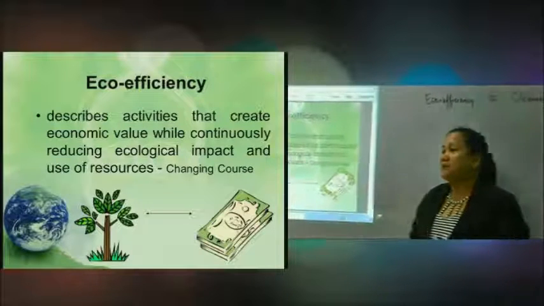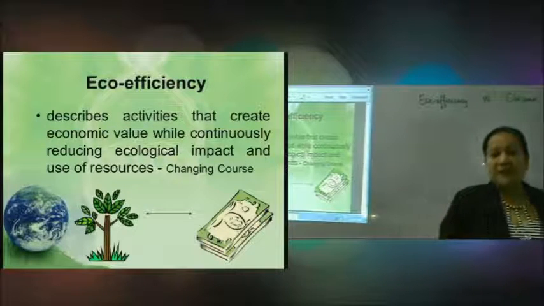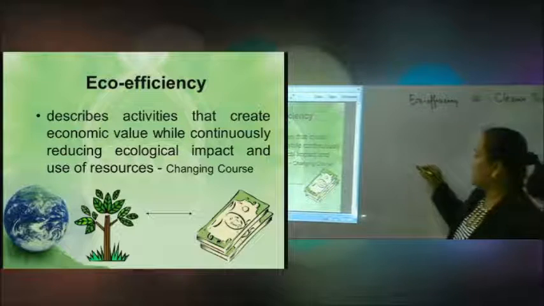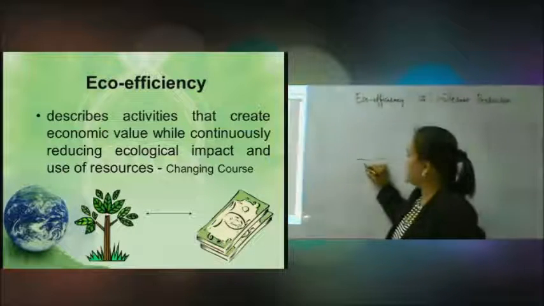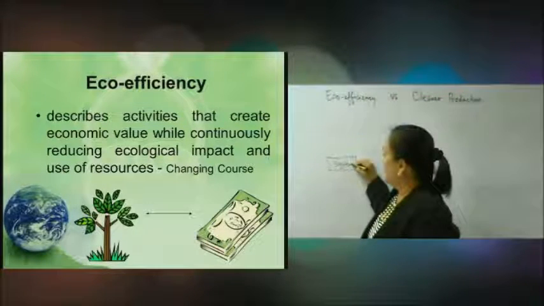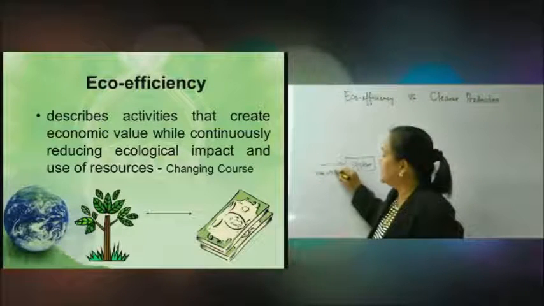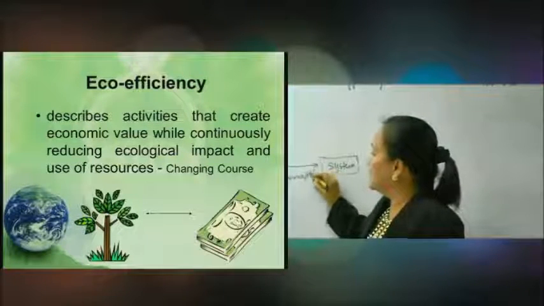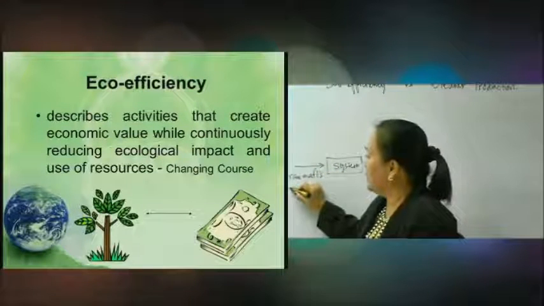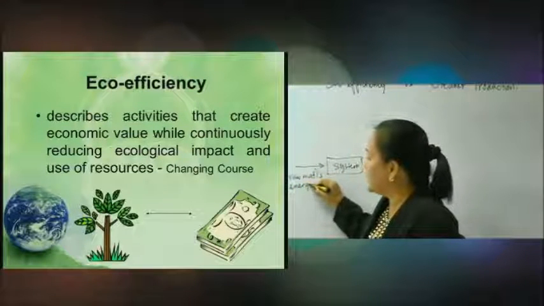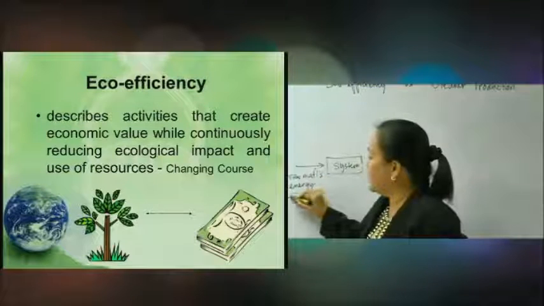For example, in order for you to run a plant, you would be needing what? Let's say this is your system. You would be needing inputs such as raw materials. You would also be needing energy as one of the resources, which is being run by the equipment.